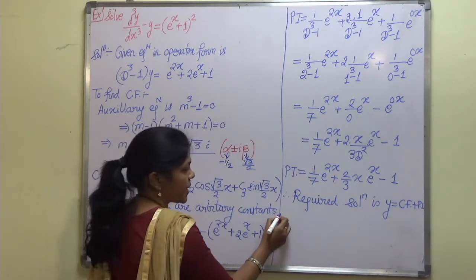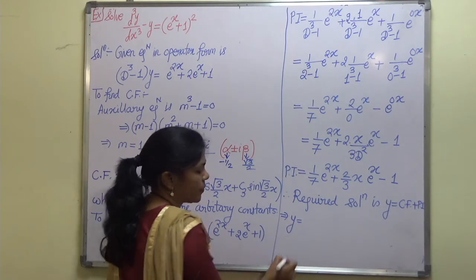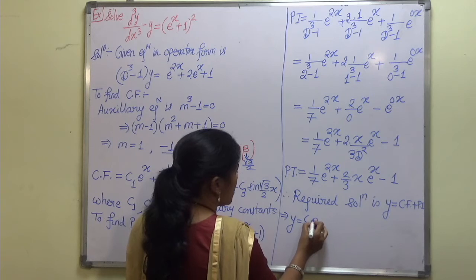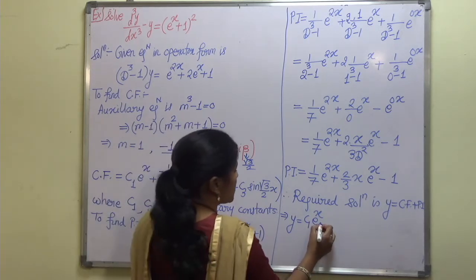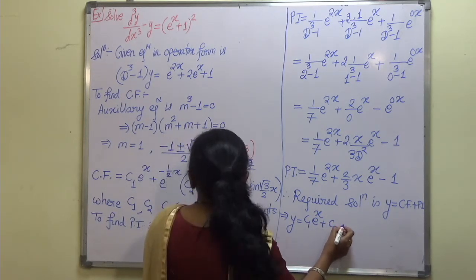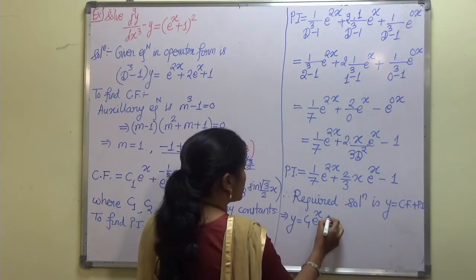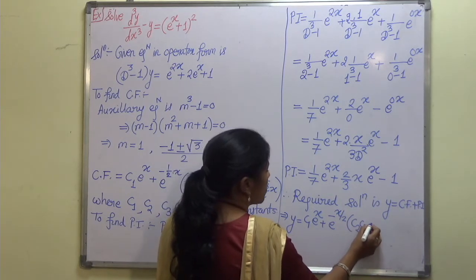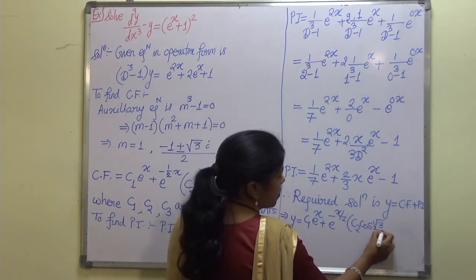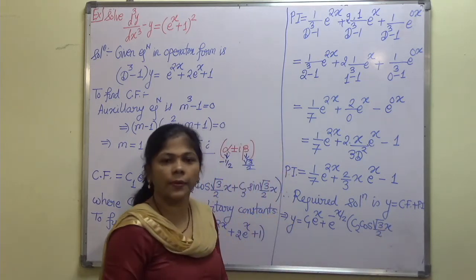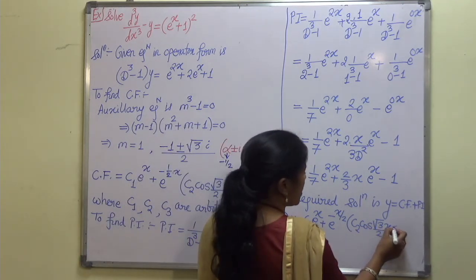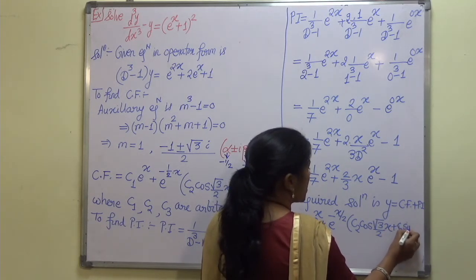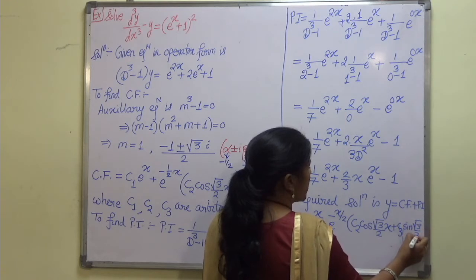So this implies y is equal to, we will write this CF, C1 e raised to x plus e raised to power minus x by 2 times C2 cos of root 3 by 2 x plus C3 sine of root 3 by 2 times x.